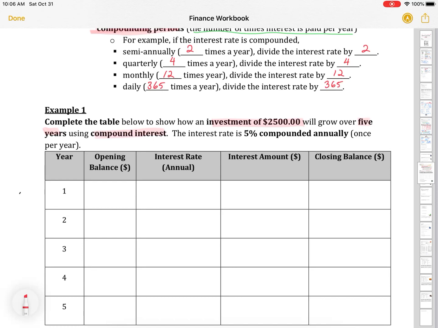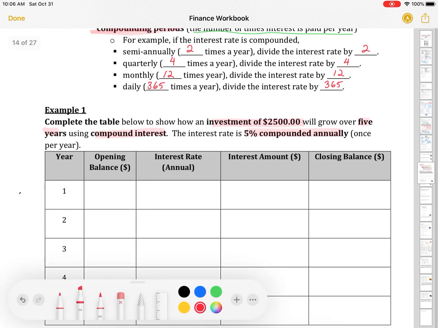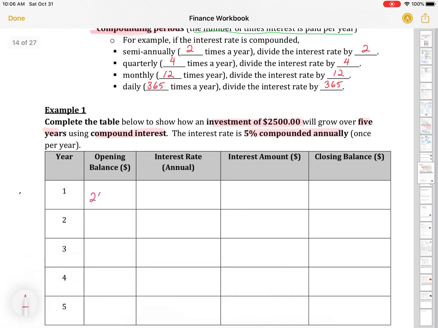The interest rate is 5% compounded annually. So our opening balance, our principal, is $2,500. The interest rate was 5%, so that's equal to 0.05. We move the decimal place 2 steps to the left.